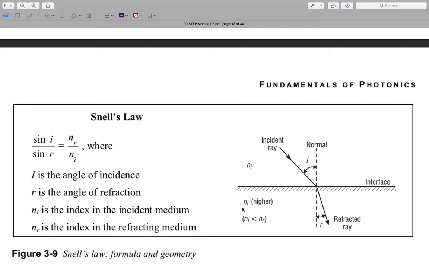Because n_r is higher than n_i, the refracted ray will bend toward the normal. i is the angle of incidence, r is the angle of refraction, n_i is the index of the incident medium, and n_r is the index of the refracting medium.